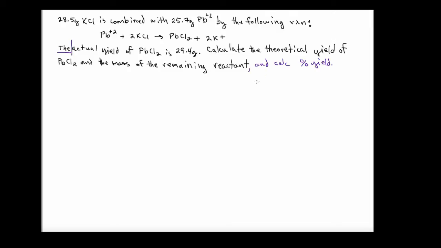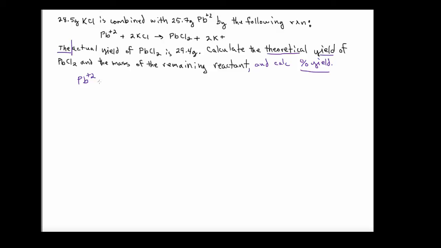Now, to deal with a problem like this, what you're going to want to accomplish first is to calculate the limiting reactant, because before we can calculate the percent yield, for example, we're going to have to know the theoretical yield. So what I'm going to do is rewrite my chemical equation here that we've been given.